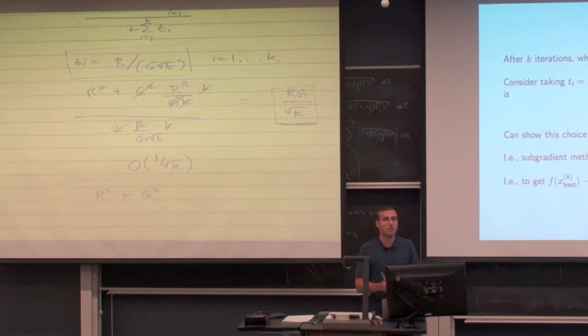We need about 10 to the 3 iterations, or 1,000, because gradient descent has a convergence rate of 1 over epsilon. But for subgradient method, we need 10 to the 3 squared iterations, which is like 10 to the 6. So that's about 1 million iterations. That's a big difference, right? 1,000 or 1 million to get an error on the order of 0.001.